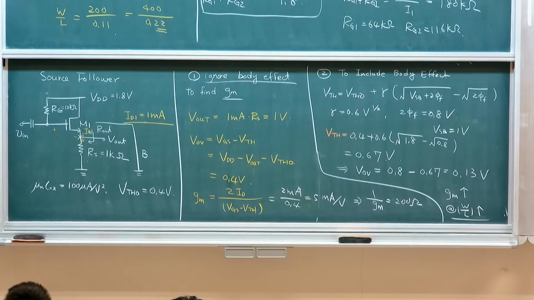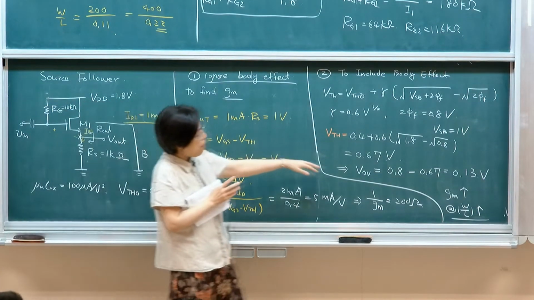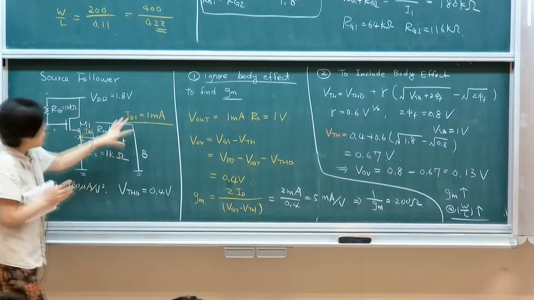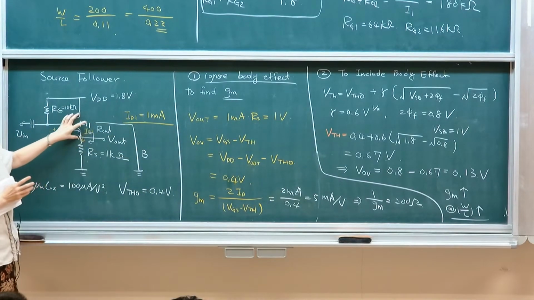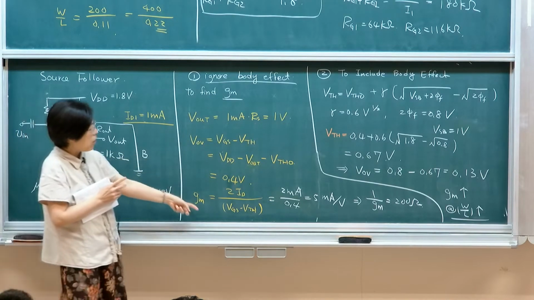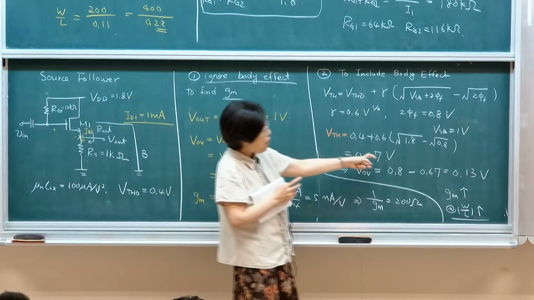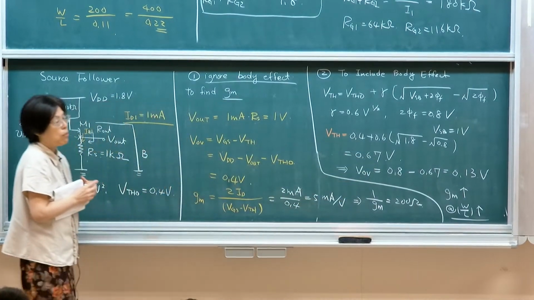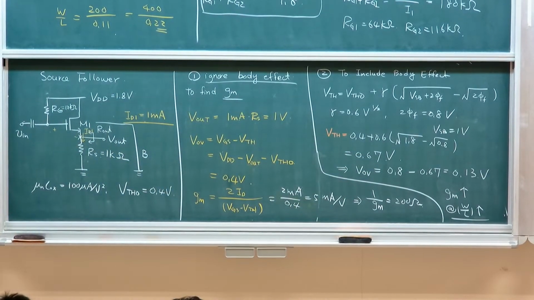So you see that including body effect, to meet this standard, you would need much larger transistors in order to meet the same results. If you go back to check W over L, including body effect would request much wider transistors. Okay? So that's the main difference.